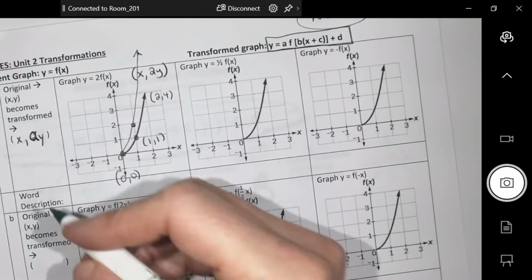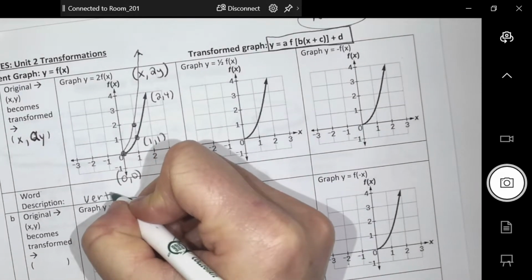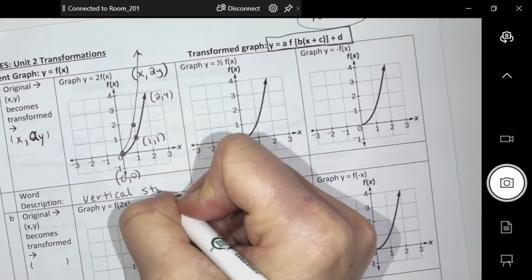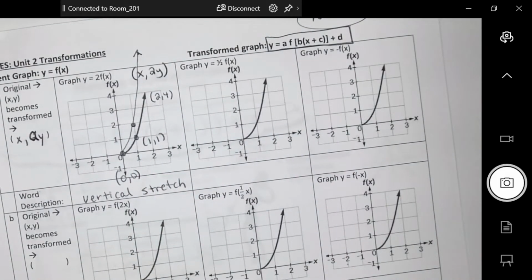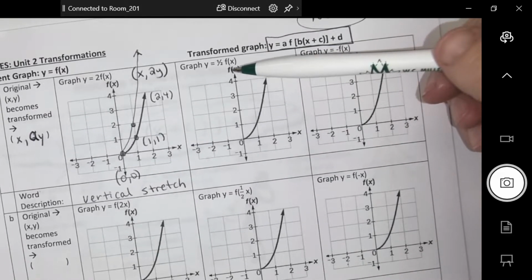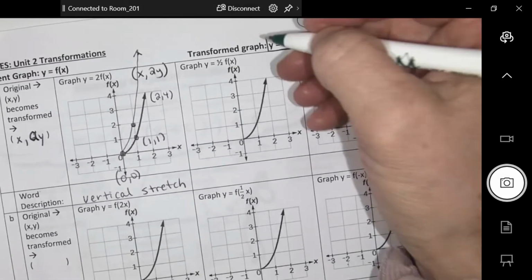So in words, it's a vertical stretch. It stretched it. Okay, if that number in front is bigger than 1, it will stretch it.